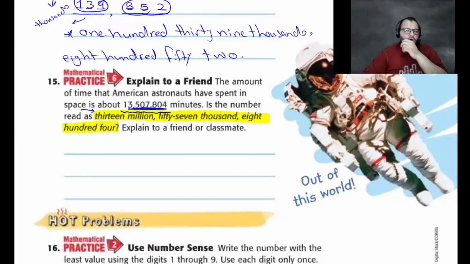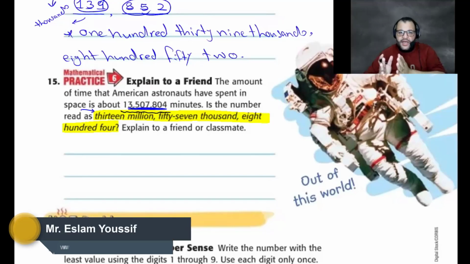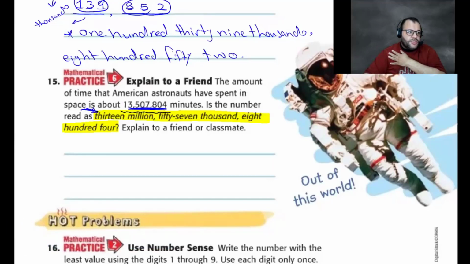Okay. So if you want to convert this number from standard form to word form, it will be written this way, the way in yellow color, or not? Read the number in standard form and read the number in word form. They are the same or not? They are not the same. So why are they not the same?